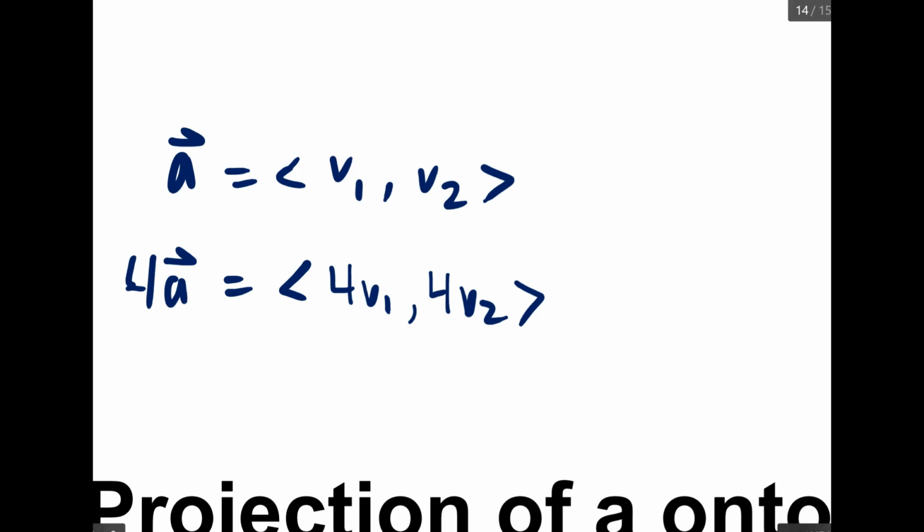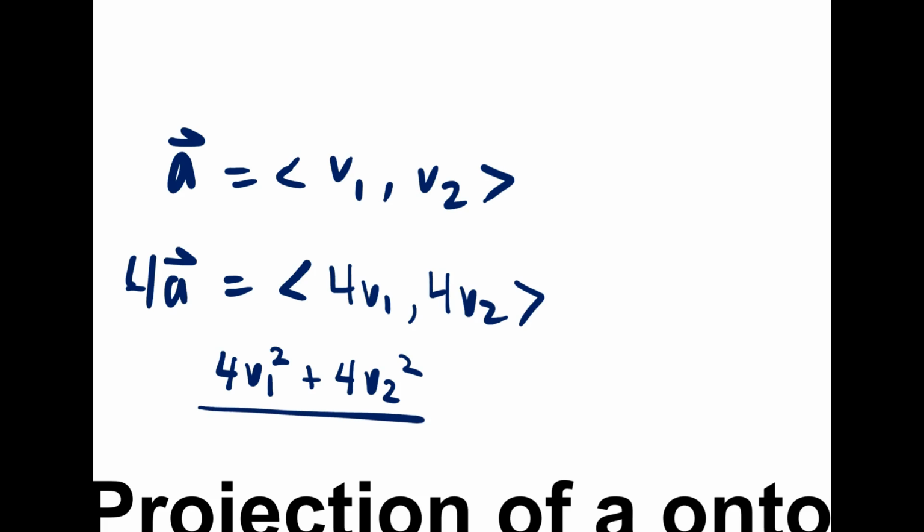So the angle between them is going to be the dot product, so this is 4v1 squared plus 4v2 squared, over the magnitude of a times the magnitude of b.